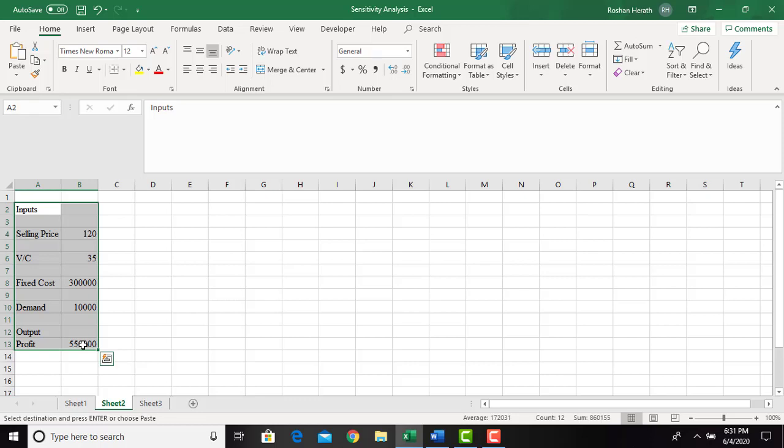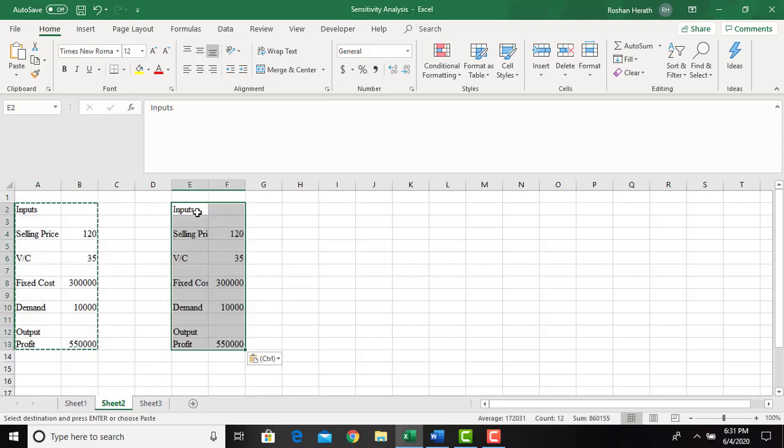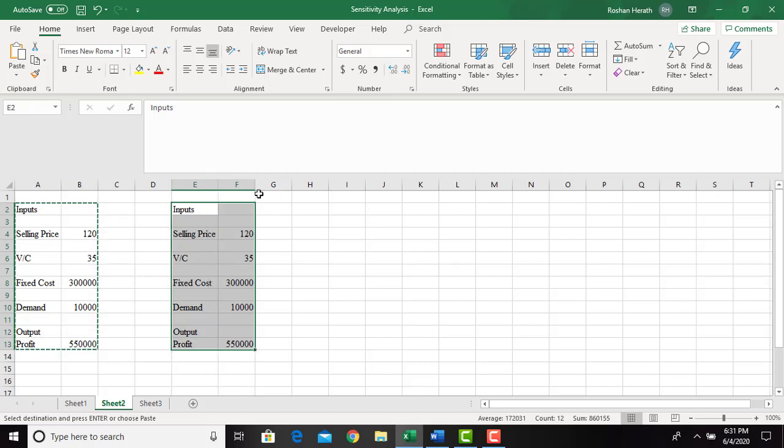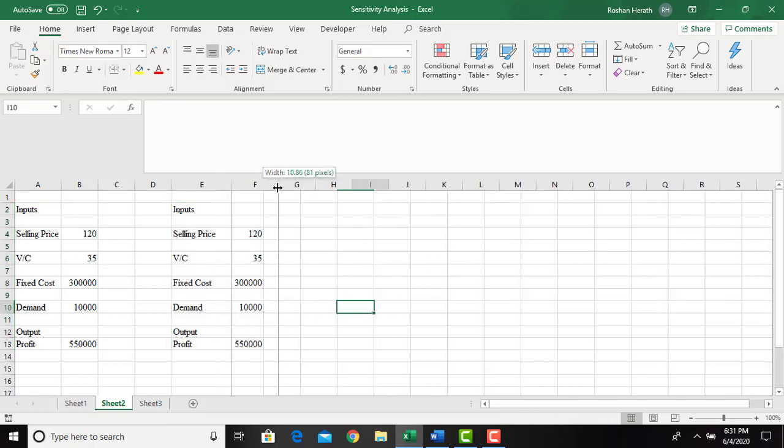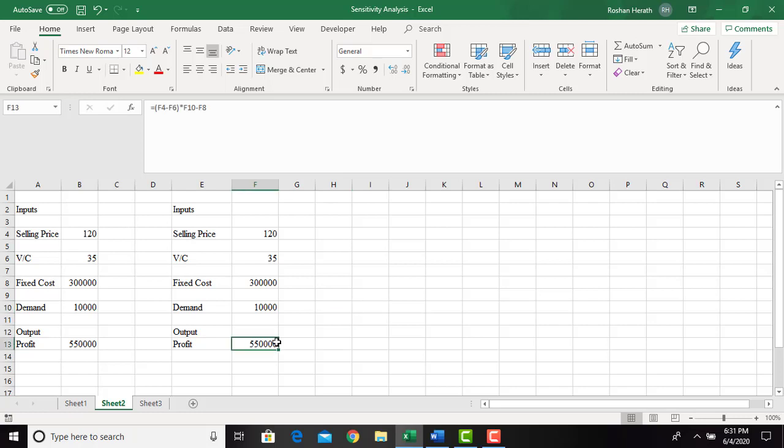Now let me copy the same information because we are going to change this. So the same information was taken, right? Okay. Now when the things are such, let's say that you want to compute in order to achieve a profit of say 800,000. At the moment it's 500,000.